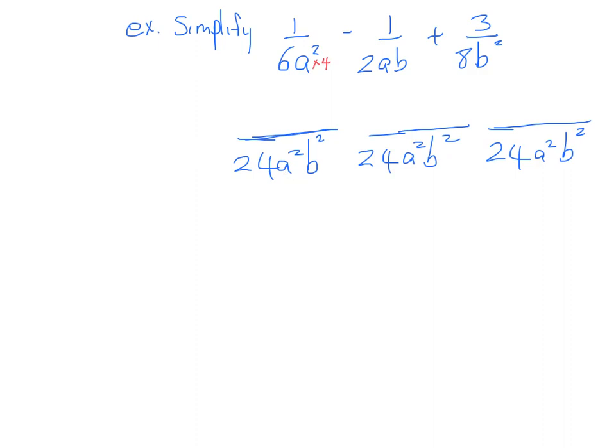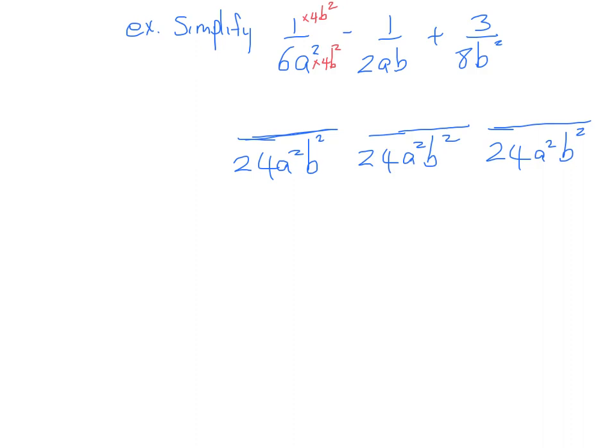And there is no b, so actually we need to multiply by b squared to get to our 24a squared b squared. So we're multiplying the bottom by 4b squared. And so we have to do the same thing to the top. Multiply by 4b squared.